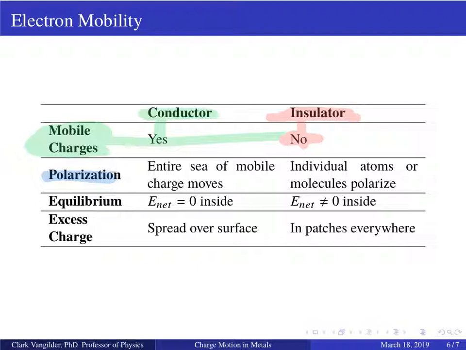We talked about polarization a long time ago, at the beginning of the course, and in a conductor, the whole sea of mobile electrons move. We've already talked about that in our pictures in this lecture.